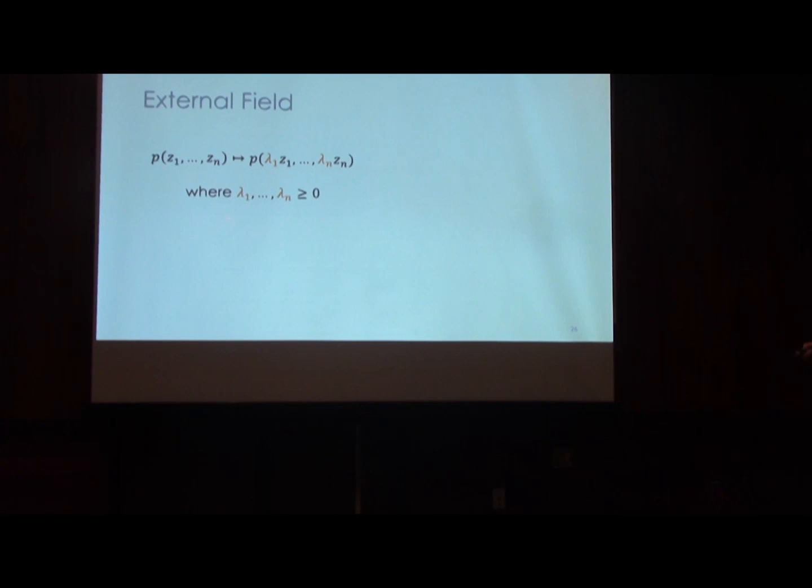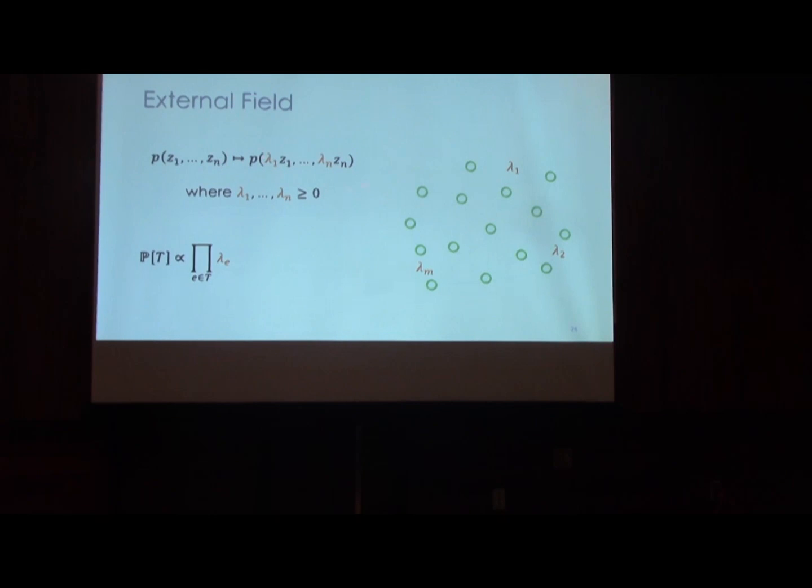This is basically the fact that the upper half plane is closed under scalar multiplication by a positive constant. So from this, and knowing that the uniform spanning tree distribution is strongly Rayleigh, you can see that the lambda-uniform spanning tree distribution is strongly Rayleigh.